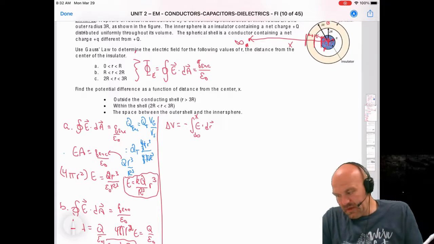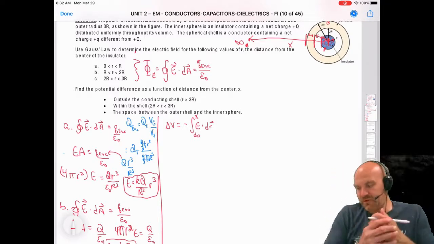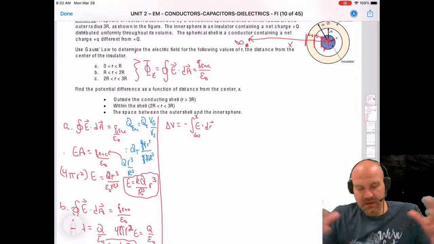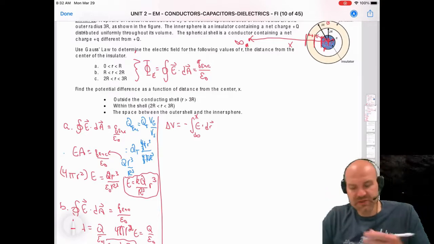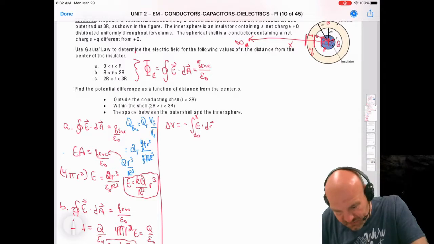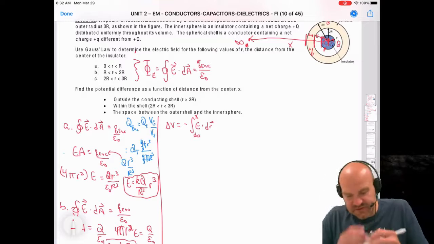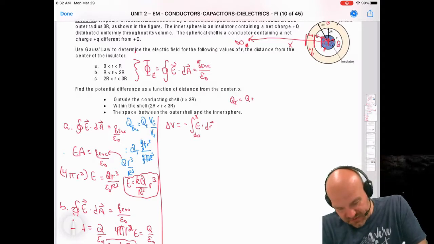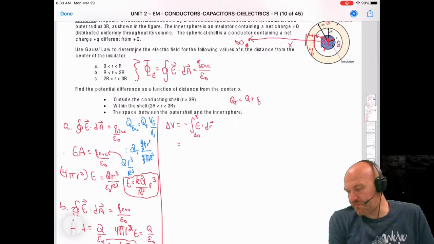You could treat this as a point charge. This has a charge of little q, that has a charge of big Q, and so our total charge for this would be big Q plus little q.